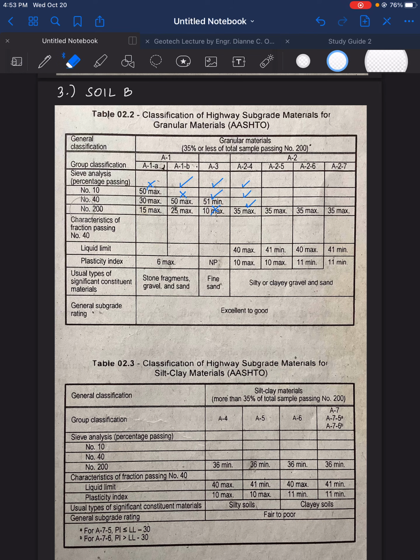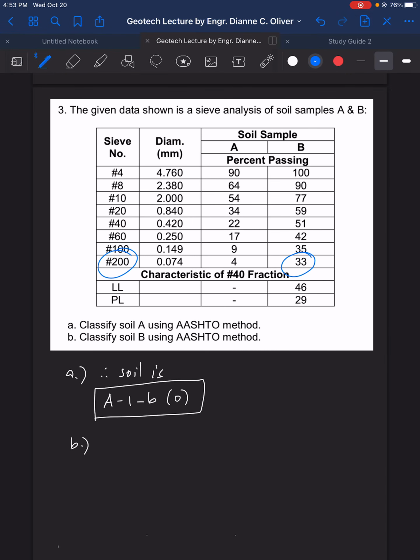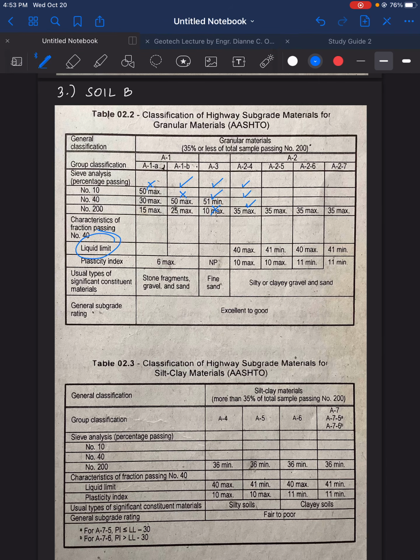Okay. Next, let's go to the liquid limit. The liquid limit here is 46. So, is 46 fitting on the criteria 40 max? The answer is no. It should be here in 41 minimum.